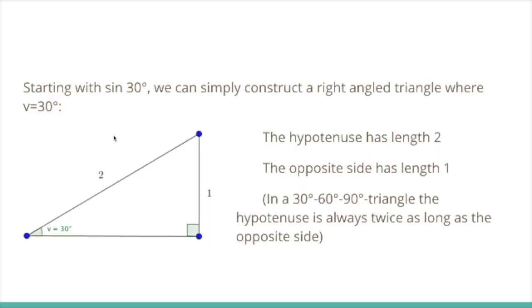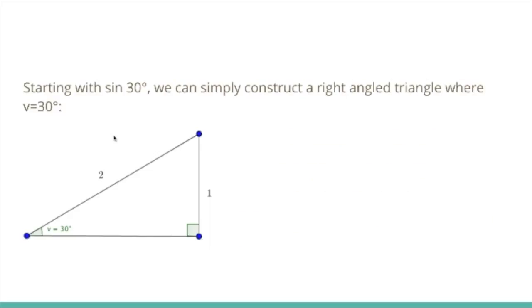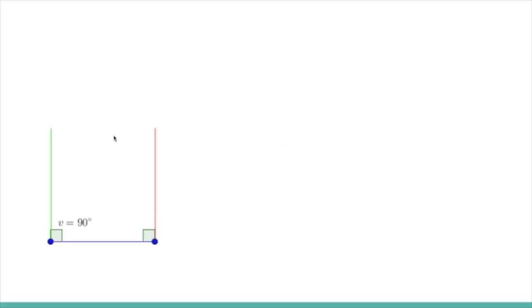So in particular, in a 30, 60, 90 degree triangle, the hypotenuse is always twice as long as the opposite side. And this is something that we will not go into right now. Now, we get that sine of 30 degrees is the opposite side divided by the hypotenuse, so that is 1 divided by 2.